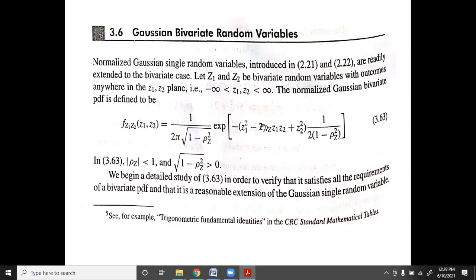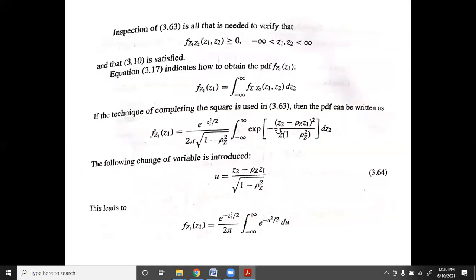If we replace that by minus 2 z1 z2, the other term will naturally be minus 2 into 1 minus rho z z1 z2, so that we ultimately get this value.